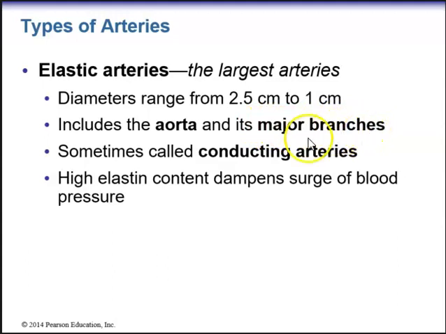These are sometimes called conducting arteries. And these types of arteries have a very high elastin content, so a high amount of elastic connective tissue that helps dampen that surge of blood pressure and gives the artery that recoil characteristic to allow for the pumping of blood to the rest of the system.